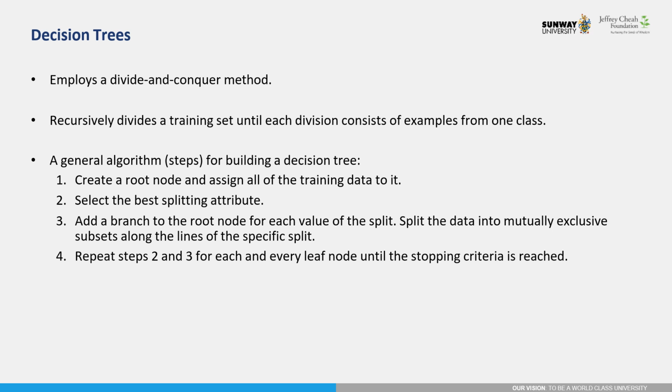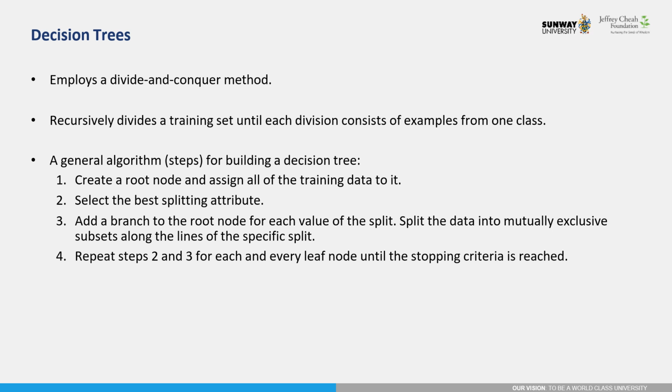For decision trees, we have steps. Create a root node and bring all the training data into it, and then we are splitting our attributes. The next step is to add a branch to the node for each value of the split, and split the data into mutually exclusive subsets.